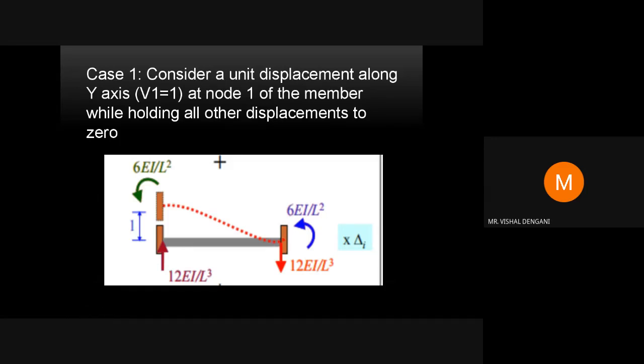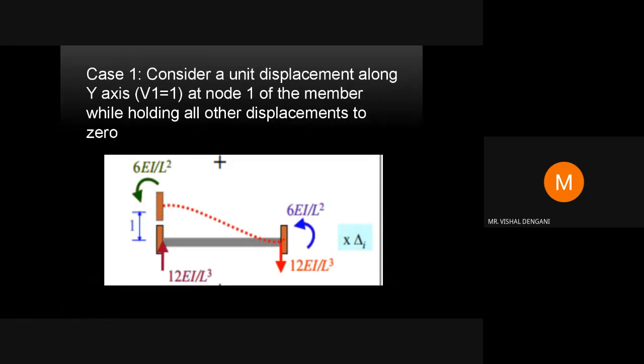As you know, stiffness is force per unit displacement. So I have given the transverse displacement in y direction. Here you can see the deflected shape of this beam will be like this, keeping other displacements 0.